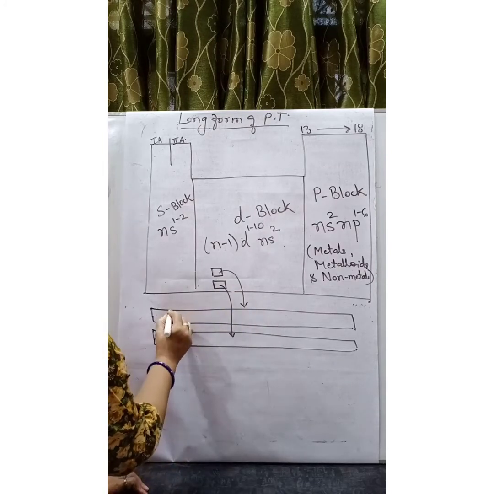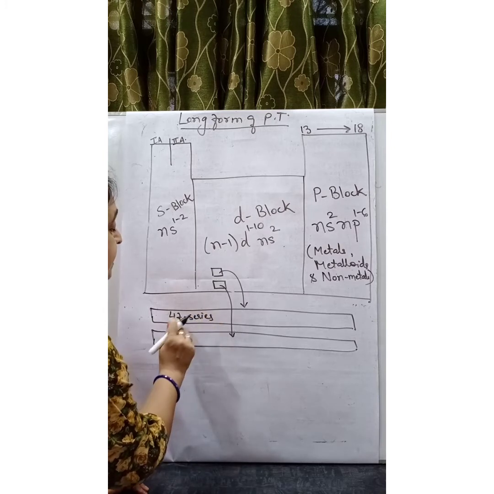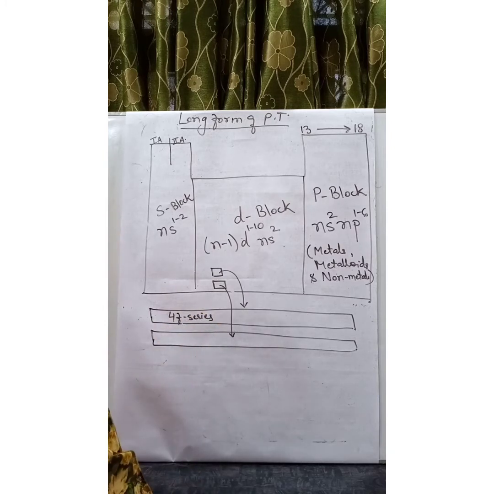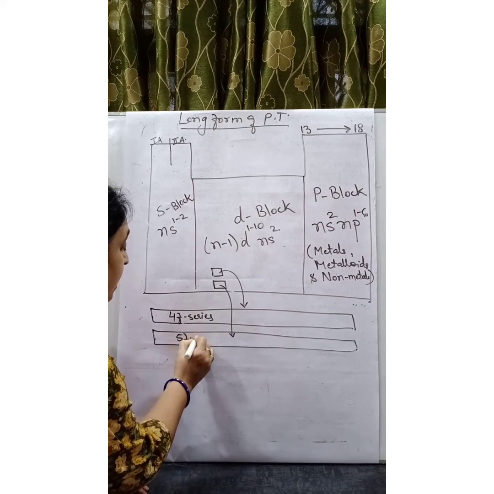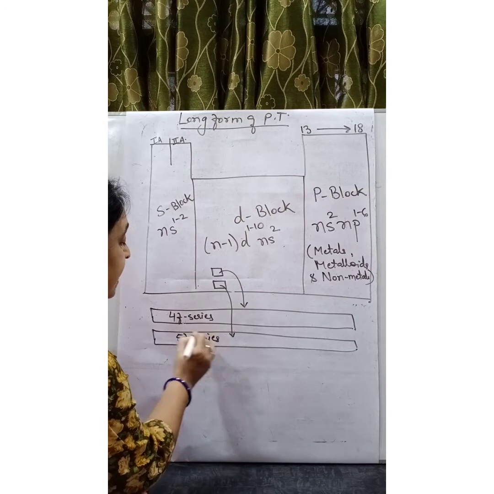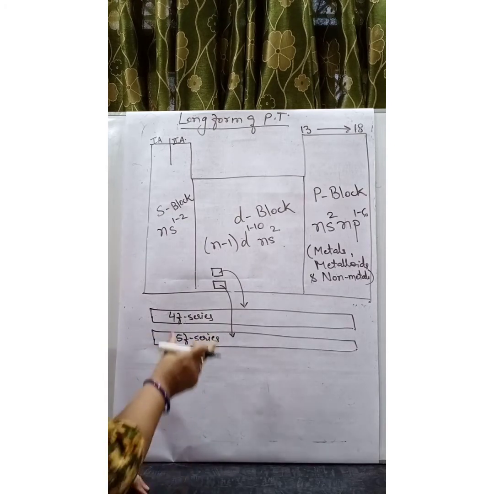This first row is known as the 4f series. Here the last electron enters into the 4f orbital. So they are known as the 4f series. Similarly, the next one is known as the 5f series as the last electron enters into the 5f orbital.